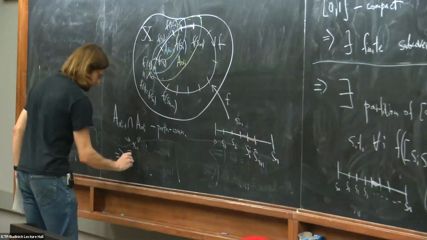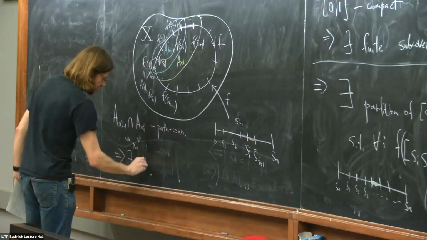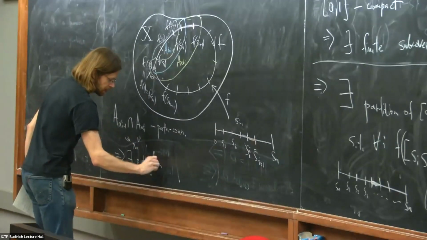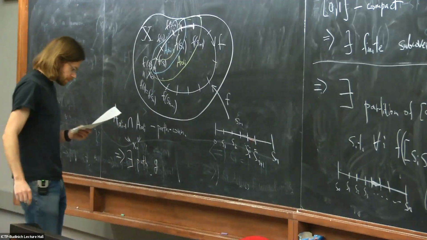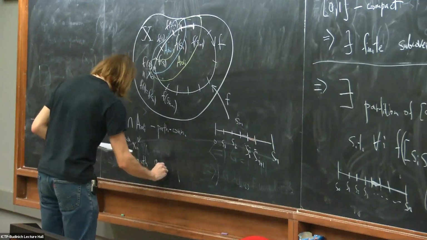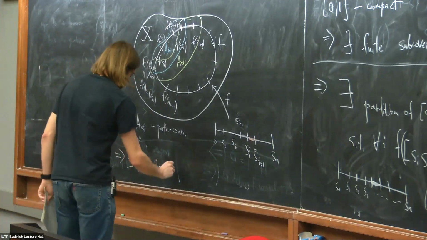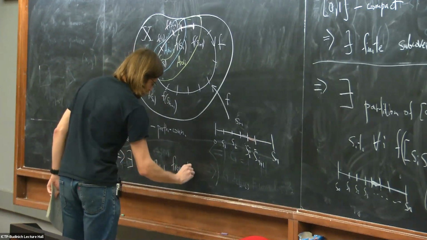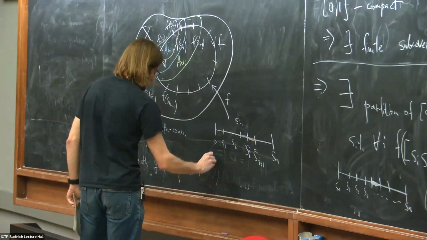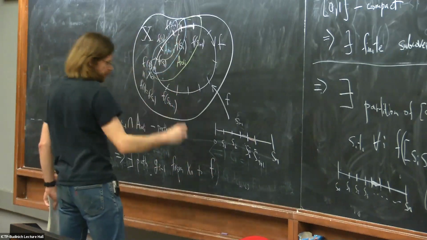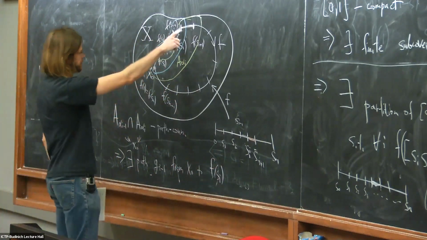It follows that there exists a path, since this is path connected, which let me denote g i minus 1, from x0 to this point f of s i, which is also contained in this intersection, right?